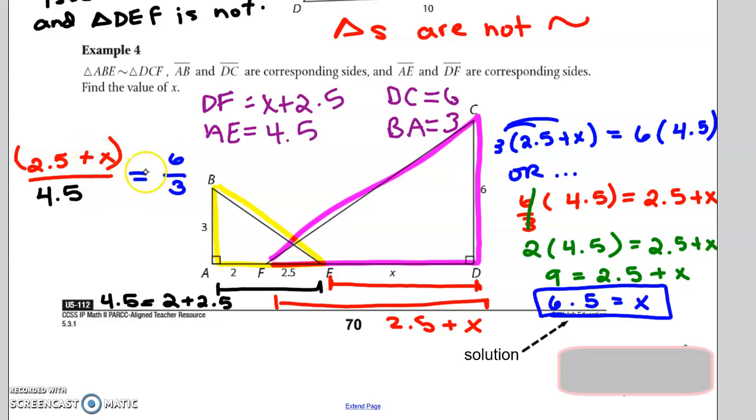So I go about it as kind of setting it up when I cross multiply. You can of course distribute the 3, distribute the 6 and solve for x, but just a little shortcut or trick. Let's say you don't want to distribute. What I could do instead is divide both sides by 3 first.